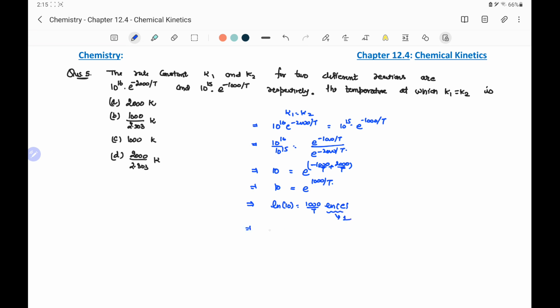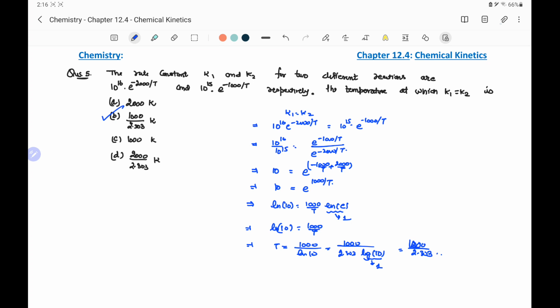Therefore, ln 10 will be equal to 1000 by T, and the temperature T will be equal to 1000 by ln 10. We can write it as 1000 by 2.303 log 10, which is with base 10. And so this value will be 1. Therefore, temperature will be 1000 by 2.303. Hence, option B is the correct option.